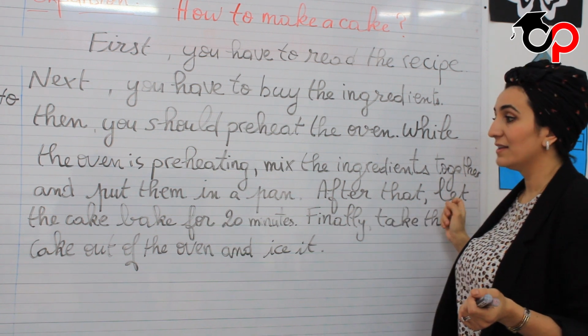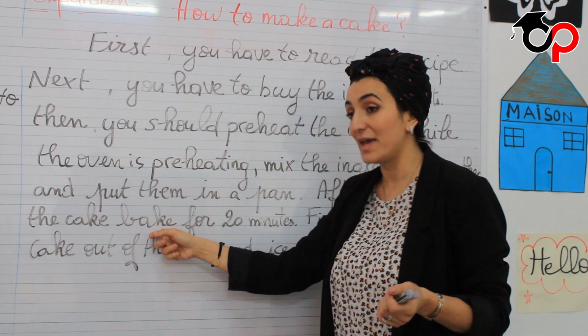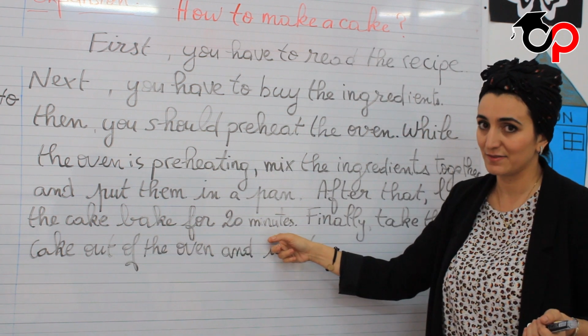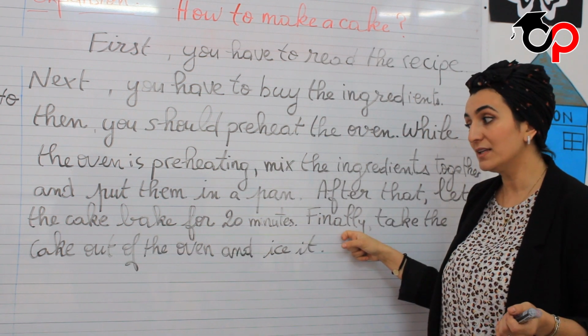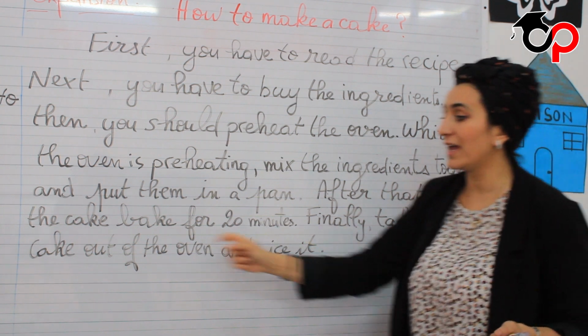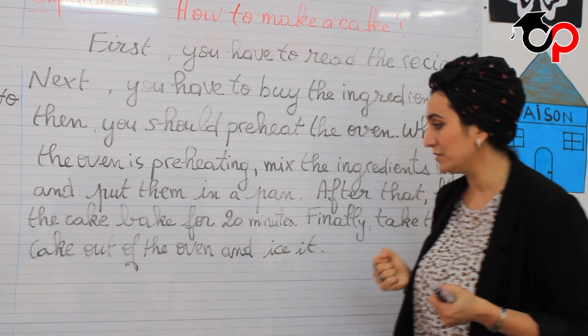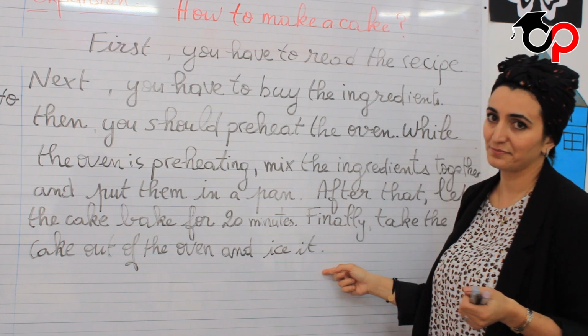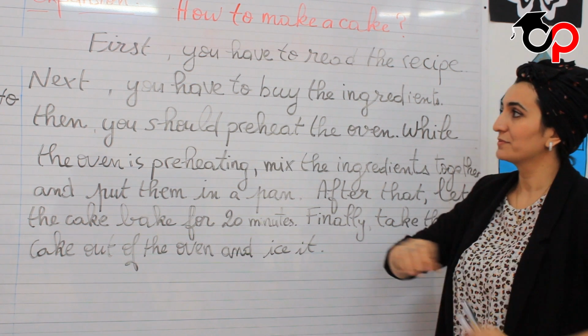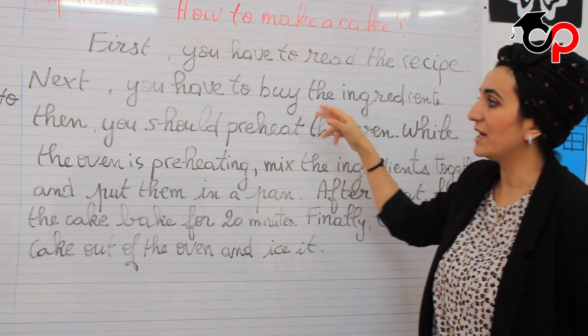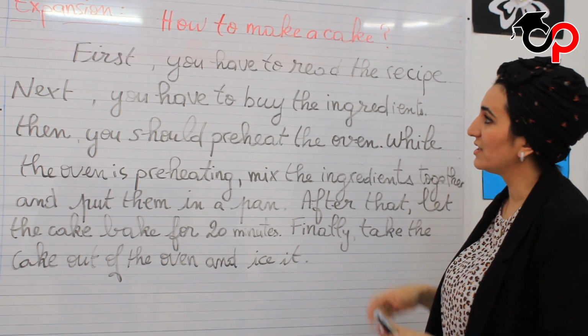After that, let the cake bake for 20 minutes. Finally, take the cake out of the oven and ice it. Okay? So, here, let's sort out all the sequencers.